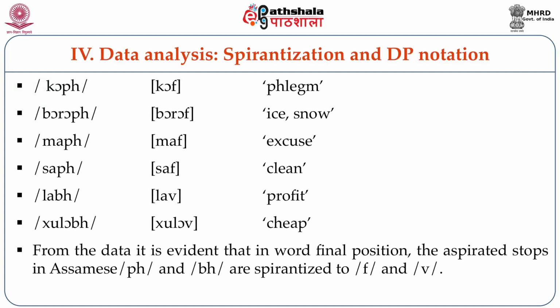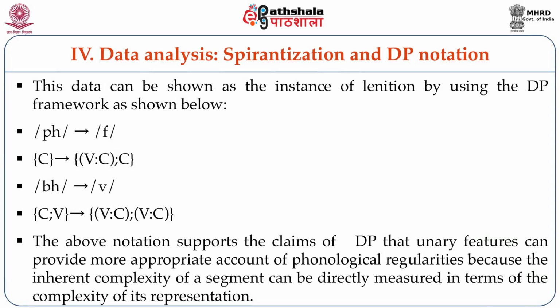Let's see the analysis: it turns into a fricative, so in terms of C, it's a fricative. This notation supports the claim of DP that unary features can provide a more appropriate account of phonological regularities, because the inherent complexity of a segment can be directly measured in terms of the complexity of its representation.